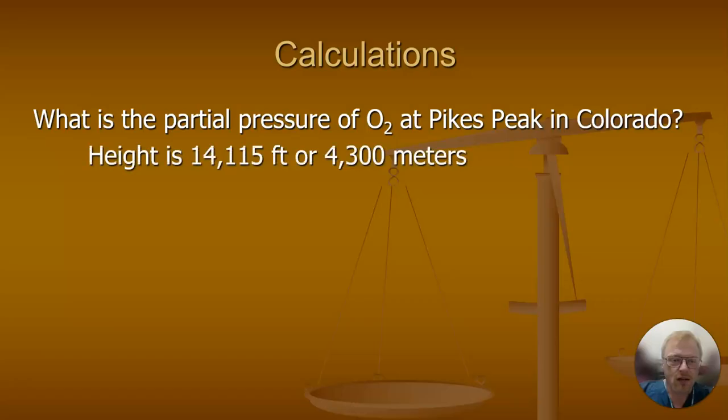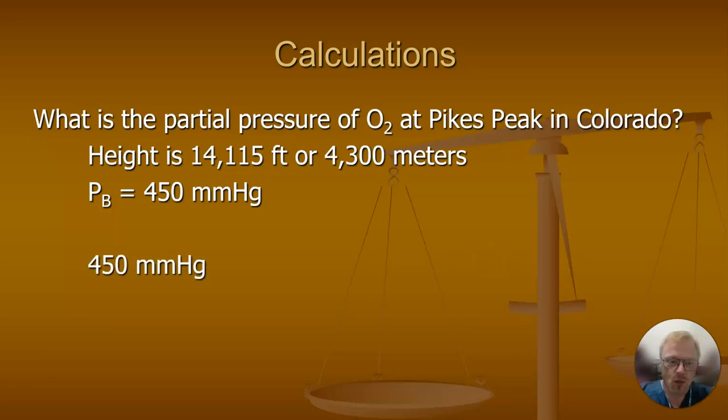Now, the height of Pikes Peak is about 14,115 feet, or 4,300 meters above sea level. And the average barometric pressure at Pikes Peak is about 450 millimeters of mercury. So how do we figure out the pressure?